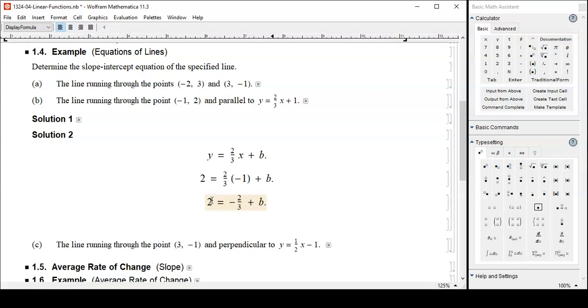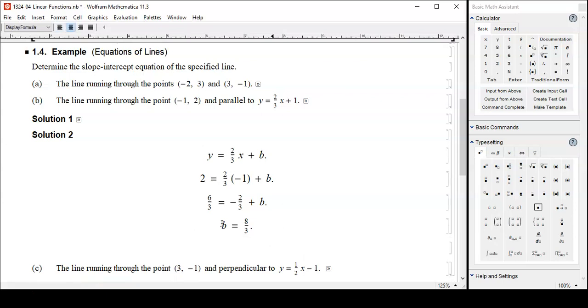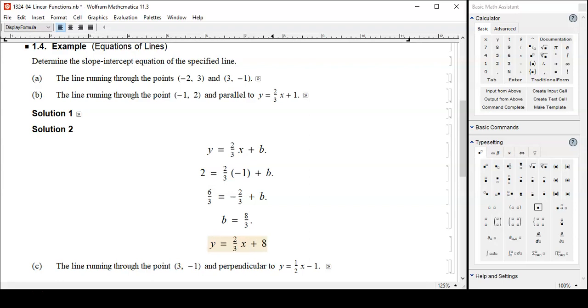And then I can flip over. By the way, 2 is 6/3. So flip it over: -2 plus 6, you're going to get b equals 8/3. Therefore, we get the equation 2/3 x plus 8/3.